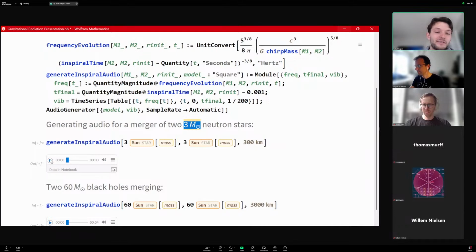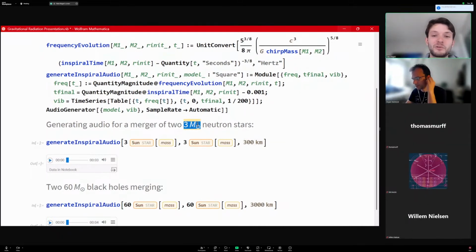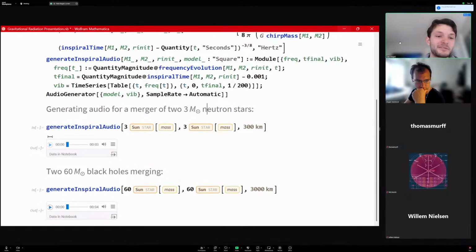Yeah, that was 3 solar mass neutron stars colliding, and I thought that was really cool that I was able to generate that audio just from the equations that we found there. And for 2 larger objects, because the frequency spectrum is shifted down, it's kind of hard to hear. Maybe like if you released 2 magnets.